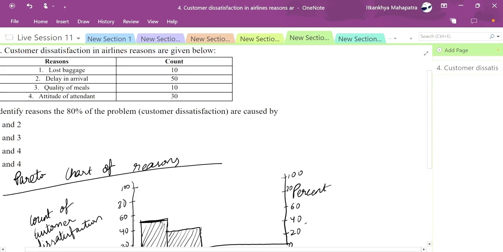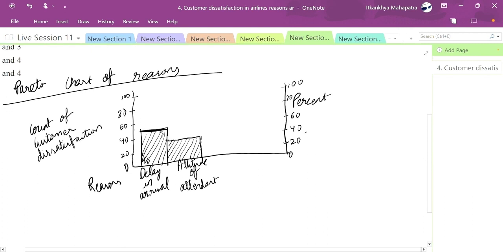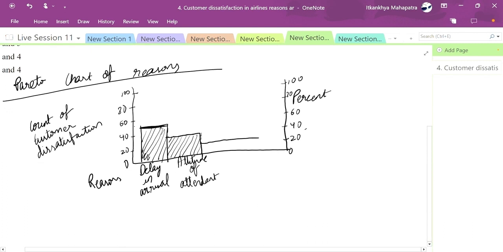Next are quality of meals and lost baggage, which are 10 each.